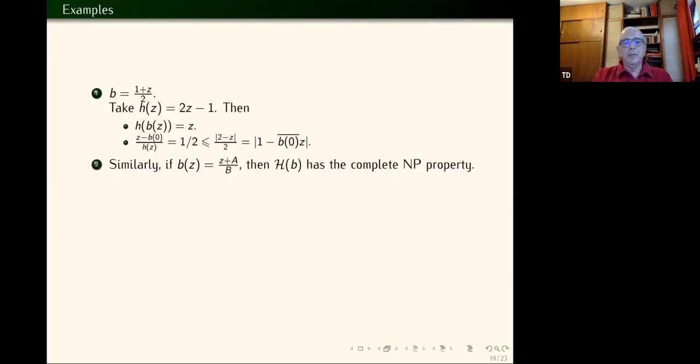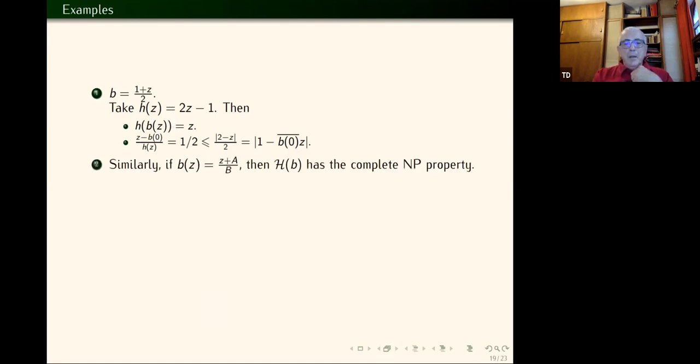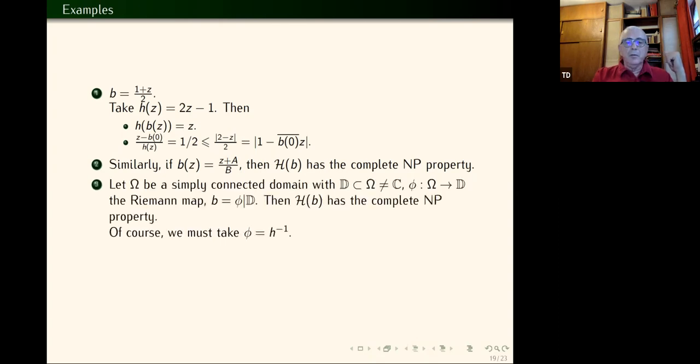So indeed, the H of B space that I got so fond of, and about which I showed you a lot of properties, indeed also has the Nevanlinna-Pick property. You can generalize this to very simple rational functions, for instance functions of the type (z plus a) over b, but you can also get more complicated examples.